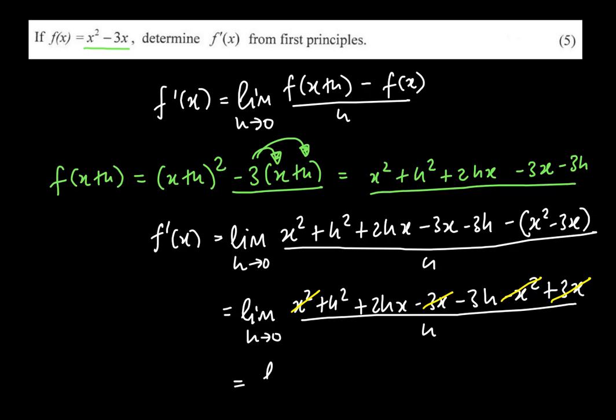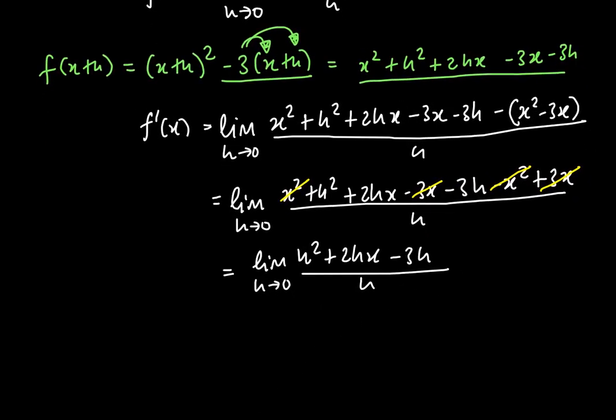We are left with the limit of h squared plus 2hx minus 3h, right? All divided by h as our h approaches 0 there, right? So now that we have this, we can then finish off by saying we can take h as a common factor, remember? So I'm gonna have lim of h into, I took out h, I'll be left with h.